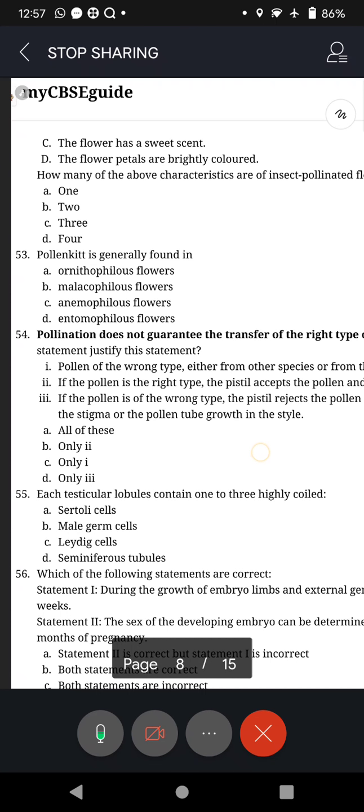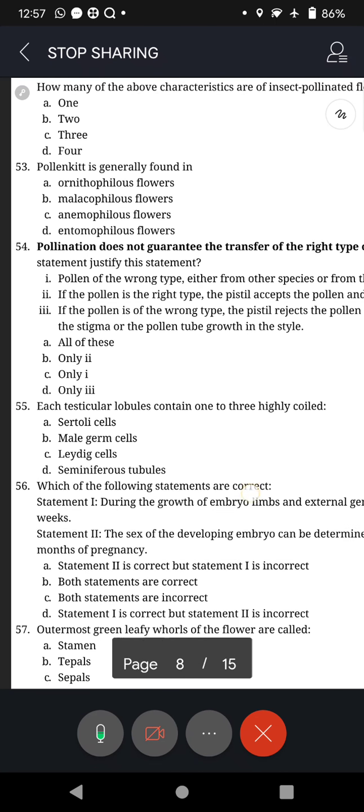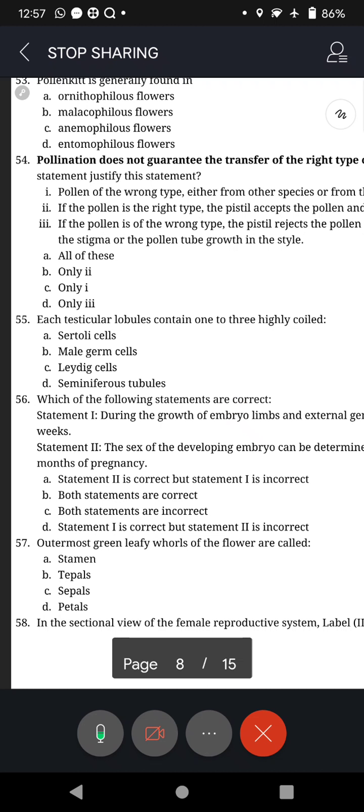Now we go to the 55 question. Each testicular lobule contains 1 to 3 highly coiled. Already I think we have answered. This is a repeated question. Seminiferous tubules, isn't it? D. Answer D. Seminiferous tubules.